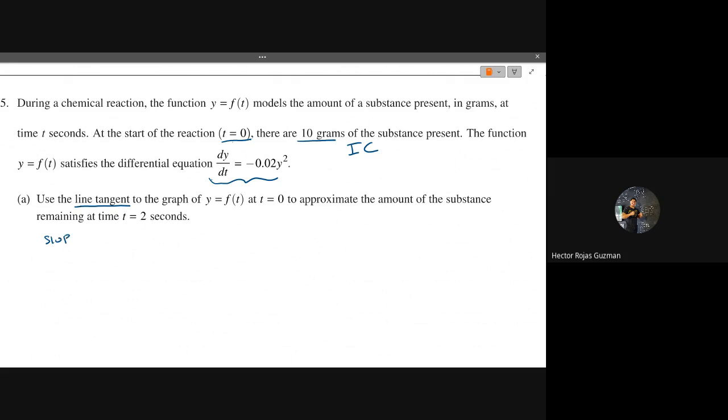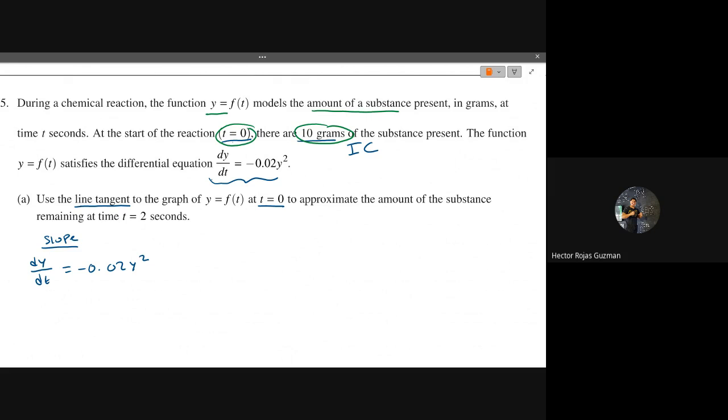I need the slope, dy/dt, which is negative 0.02y squared. And we're supposed to do it at t equal to 0. But my slope equation doesn't have a t, it only has a y. Well, y represents the amount of substance, and at t equal to 0, there's 10 grams present.